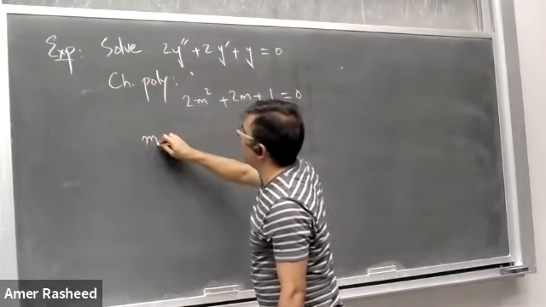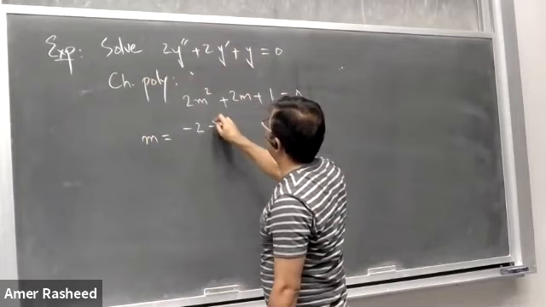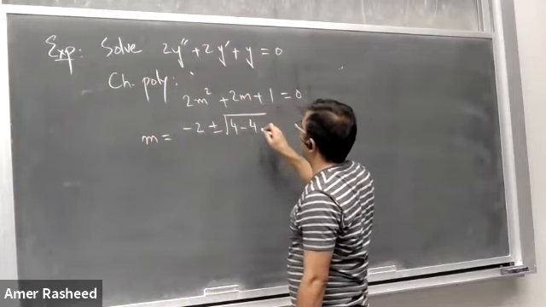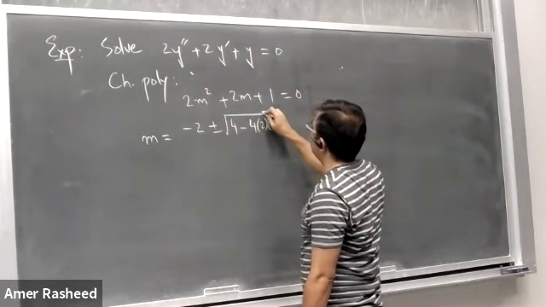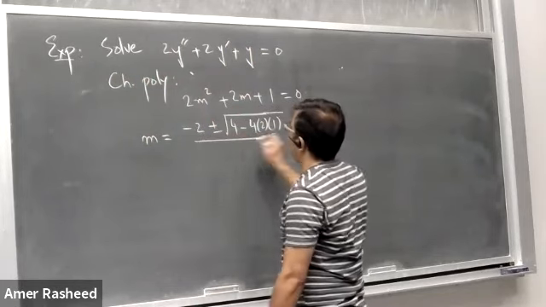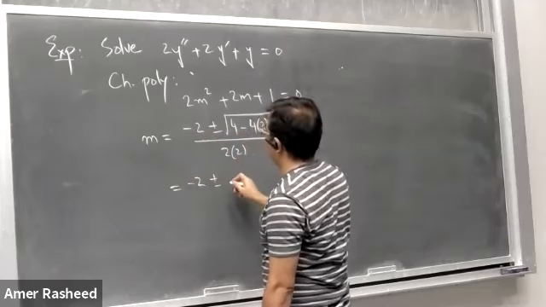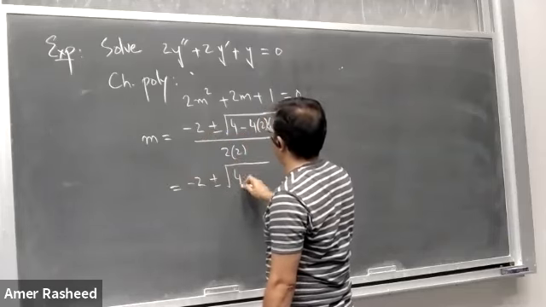So obviously this is negative 2 plus minus square root of 4 minus 4 into a into c divided by 2 times 2, which gives us negative 2 plus minus. Here we have 4 minus 8.